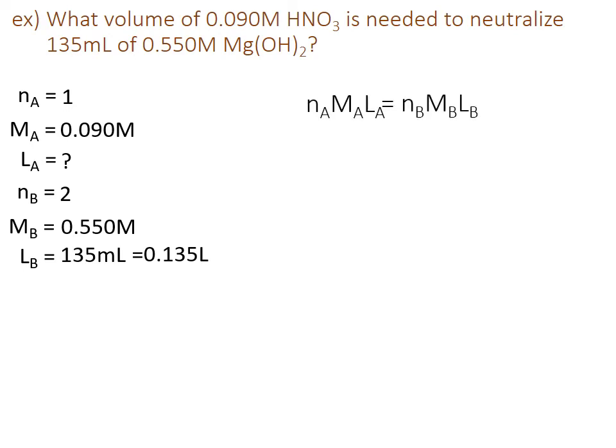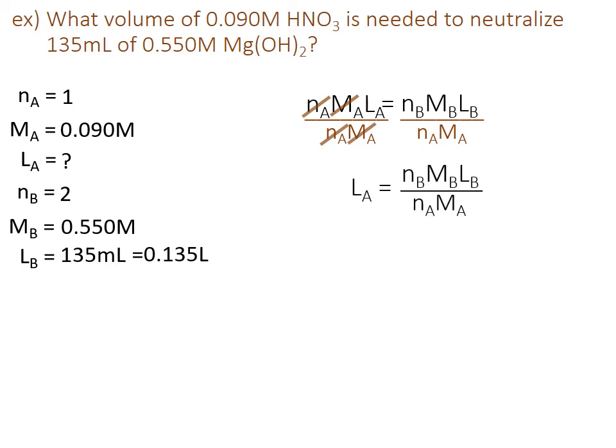The formula is NaMaLa equals NbMbLb. Since I'm looking for La, I will divide both sides by NaMa, so that on the left-hand side, the Nas will factor out and the Mas will factor out. So La equals NbMbLb over NaMa.